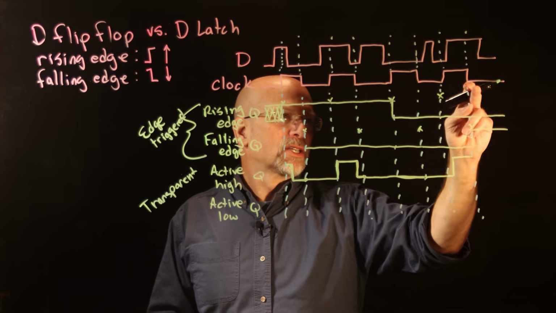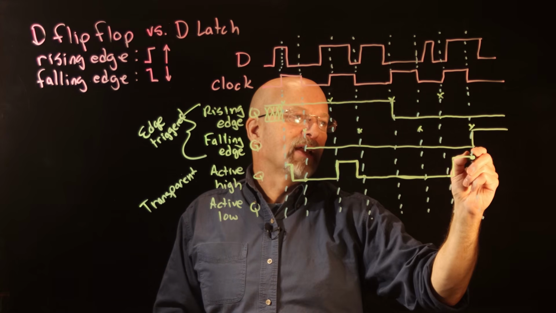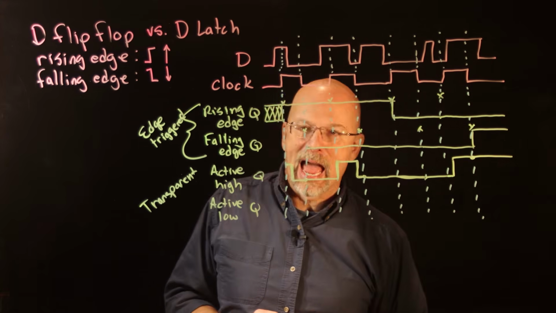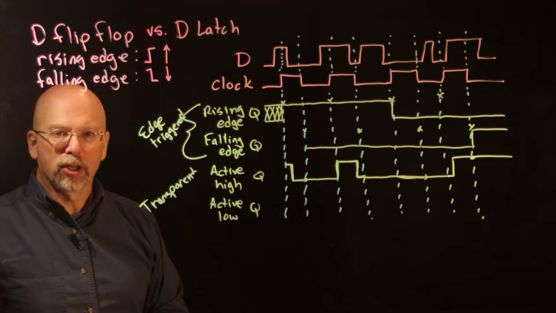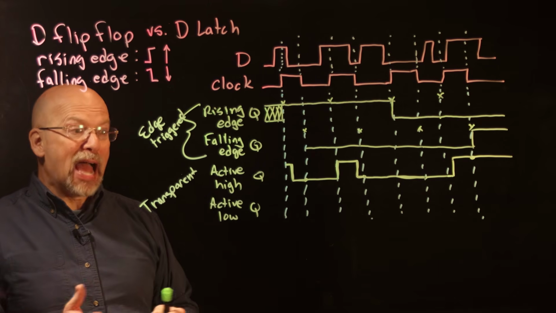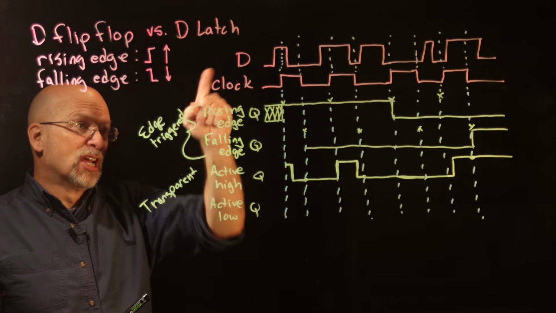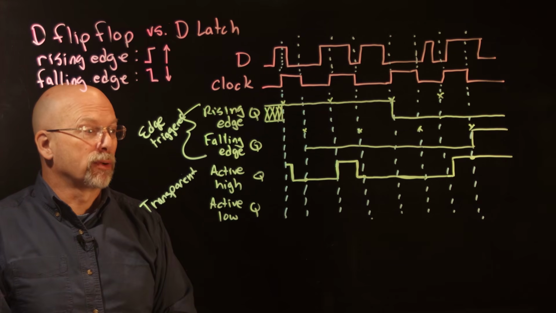There you go, until the clock goes to a 0 and that last value gets latched. And there you go. That is what the pattern would look like whenever you're having an active high transparent latch connected to those two inputs.